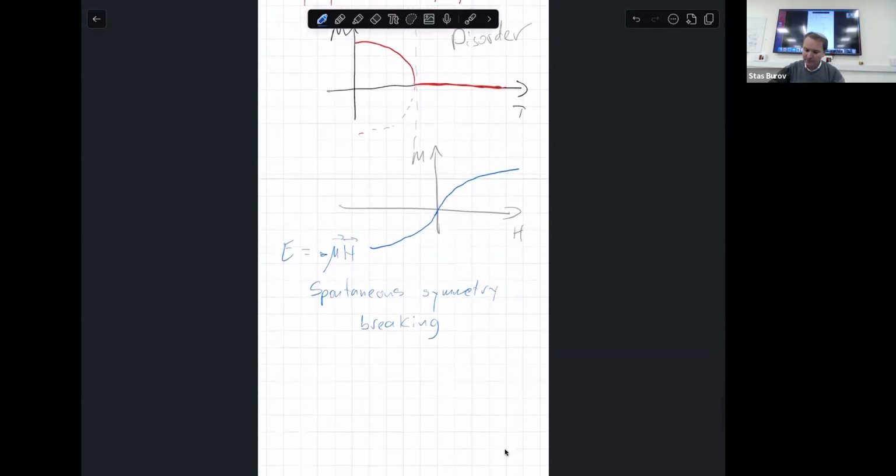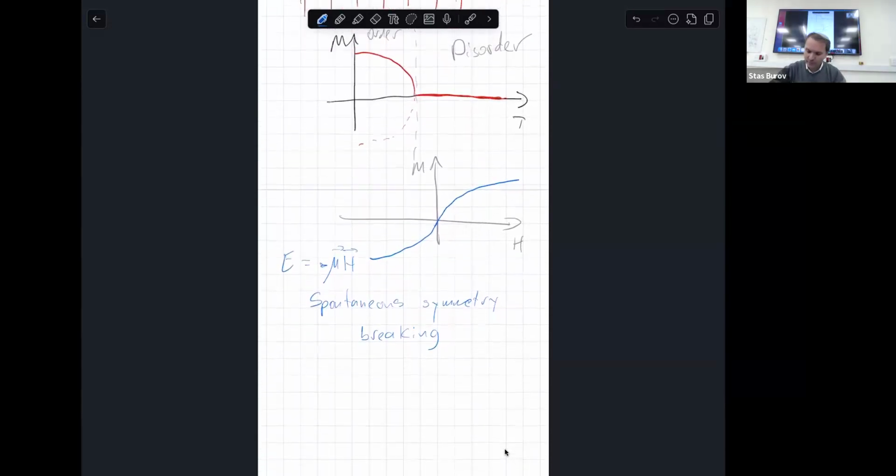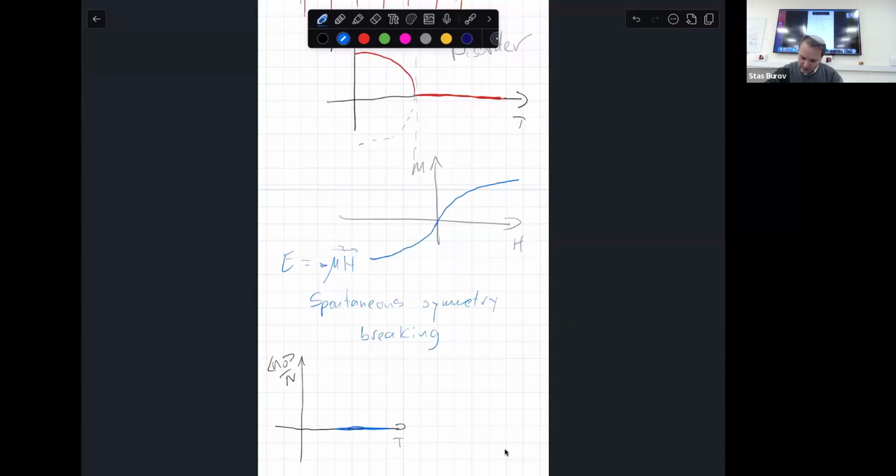By the way, I hope that you noticed that what we've seen for the Bose-Einstein condensation looked exactly the same. If we look at N0 divided by N, it also looked like this, right?